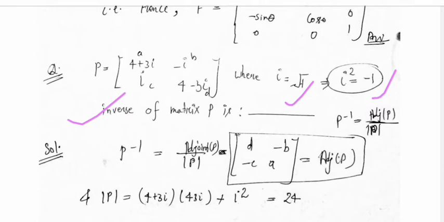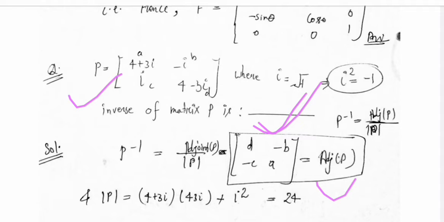Now we know the standard formula: the inverse of P is adjoint of P upon the determinant of P. Here is the first short trick of this session: if the matrix P is A, B, C, D, then the adjoint of the matrix is given like A, minus B, minus C and D. You have to remember this formula to quickly find the adjoint of P.